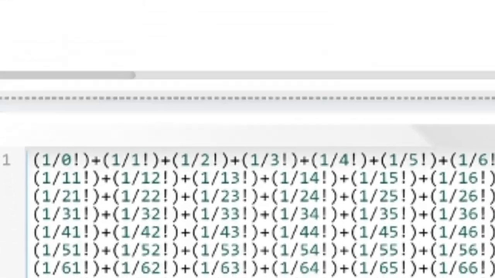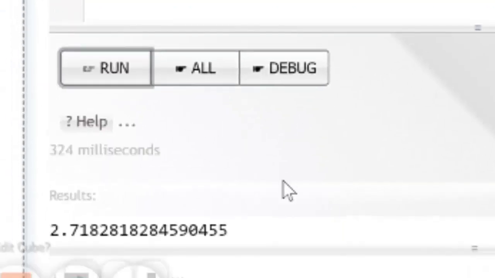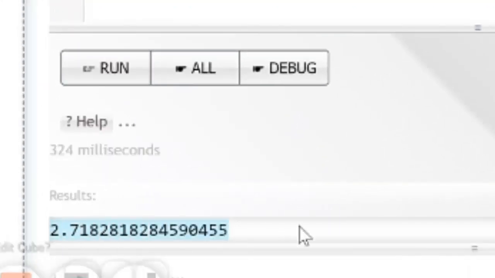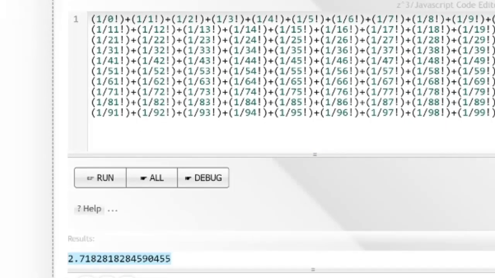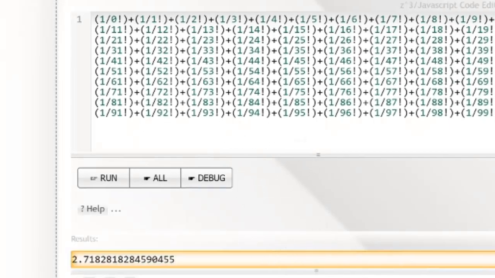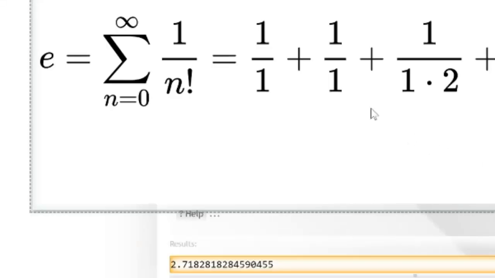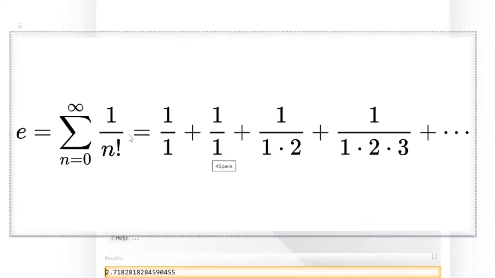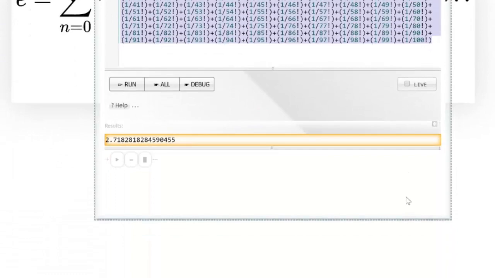Here you have the sum of the inverse of the factorials from 0 factorial up to 100, and you can see if we add them up together, you get pretty close to e, which is the original definition of e, which was saying that e was basically the summation of 1 by n factorial from 0 to infinity. So as you can see, if you go in a series like this, you will get closer and closer to the e value.